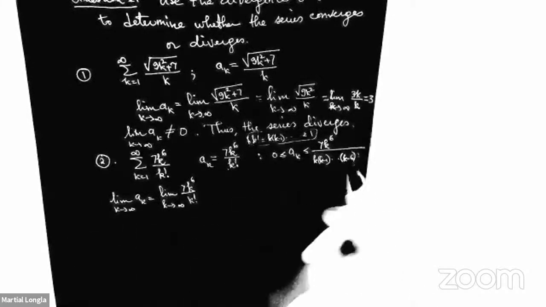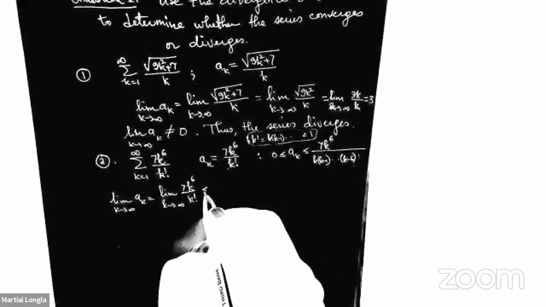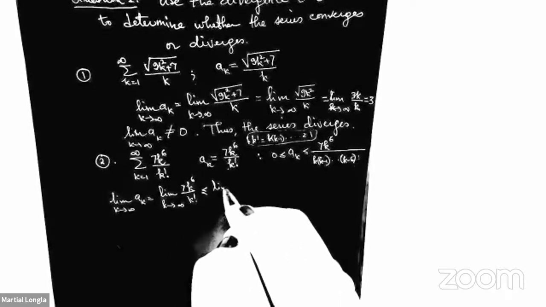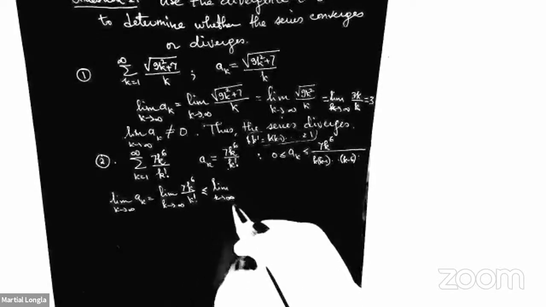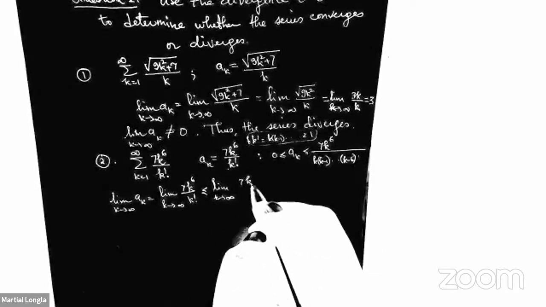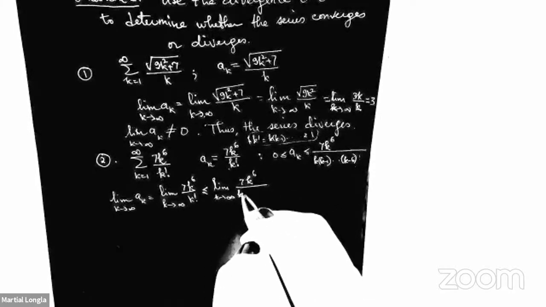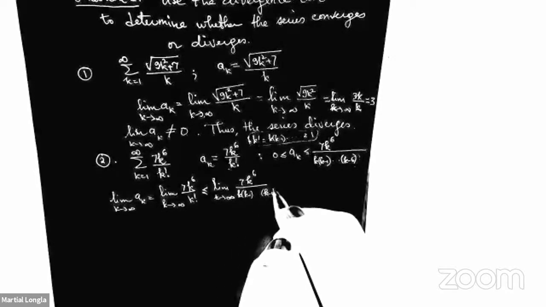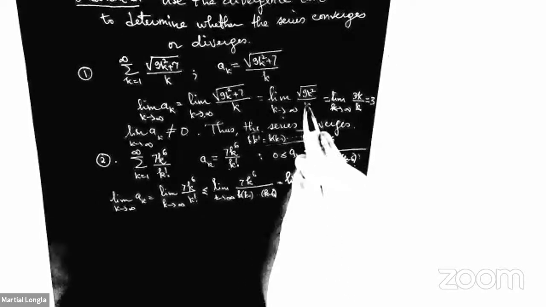Now this one is easy to use, because by the squeeze theorem this thing is less than the limit as k goes to infinity of 7k to the power 6 over k times k minus 1 all the way to k minus 6. Then I use the rule that we just used in the previous problem.